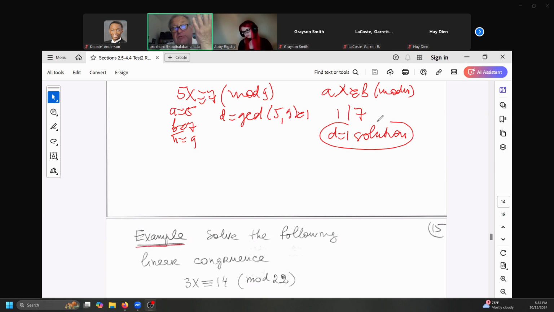How to find this solution? Multiplying by some integer such that in front of x we get some number that is congruent to 1 or negative 1 modulo 9. 5x is congruent to 7 modulo 9. What can we do? Tell me how to rewrite this.